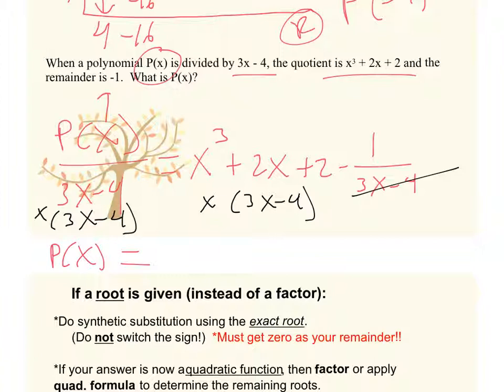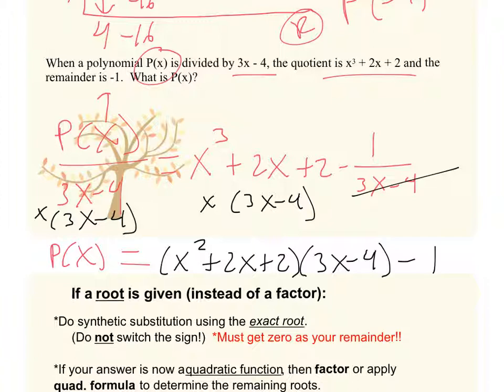So what you're going to have left is the quotient times the divisor minus the remainder. So p of x is going to be the product of the divisor and the quotient minus the remainder.